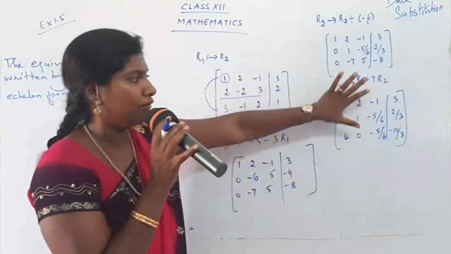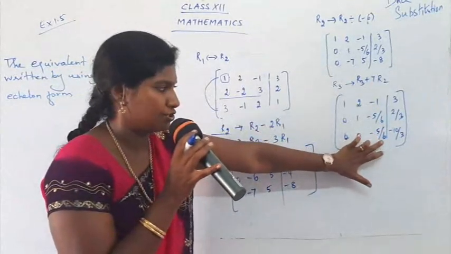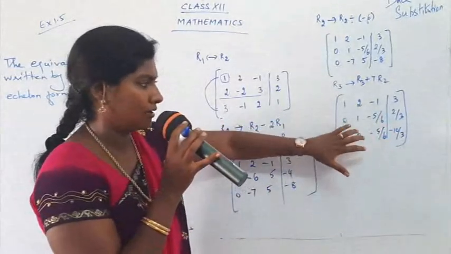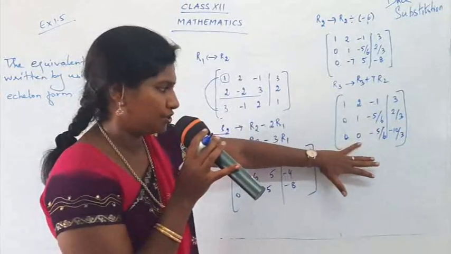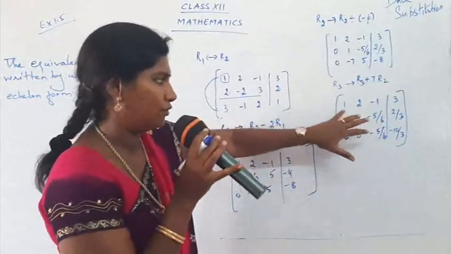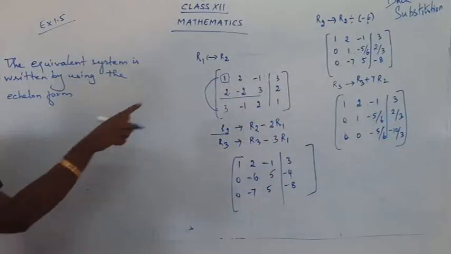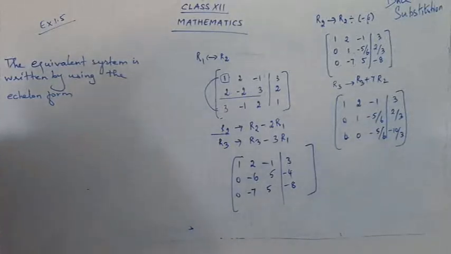Remember, whenever you have a matrix, we should have only one element as non-zero and the remaining should be 0. Suppose we are dealing with a 3 by 3 matrix: 2 zeros, then 1 zero, and here no problem. So follow the same. I'll take the statement from the first, but when we go for the answer, we have to go from the back part.